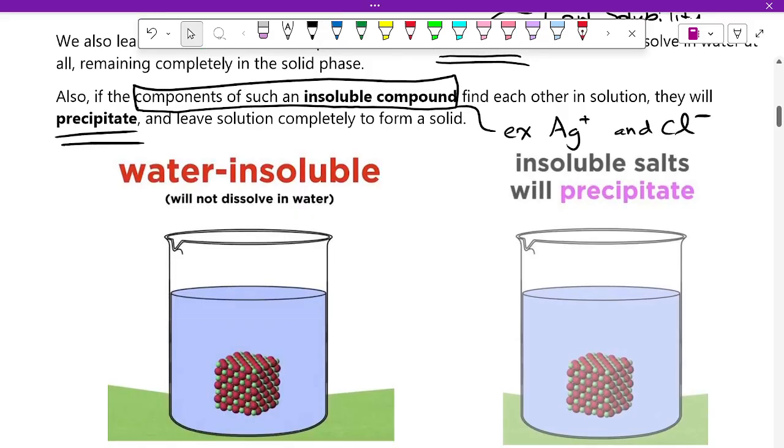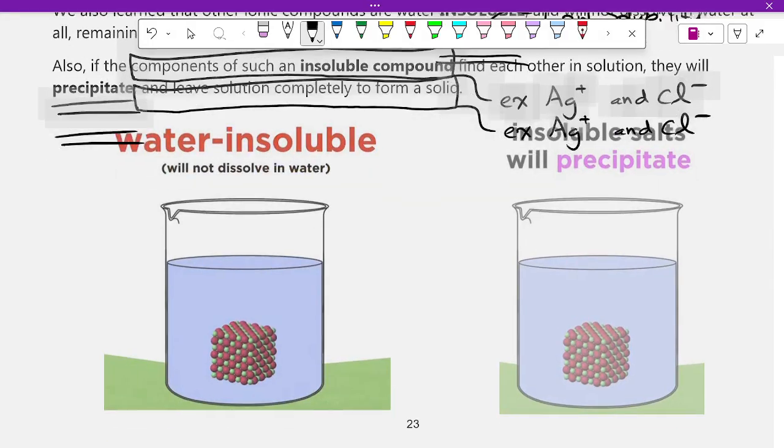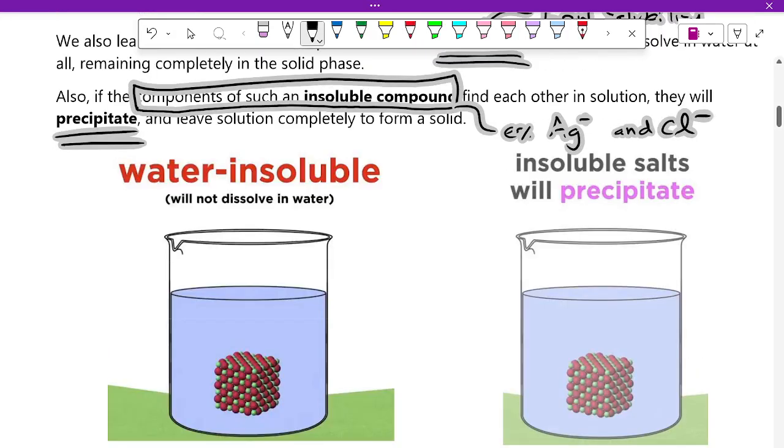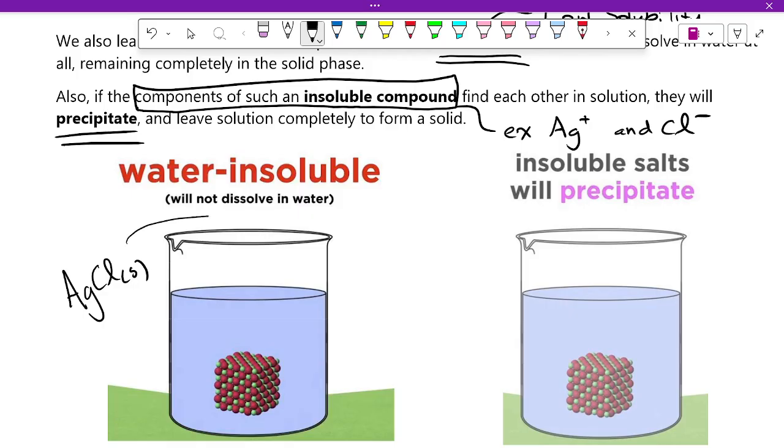Now, if we take AgCl solid and we drop it into water, it will not dissolve in the water.